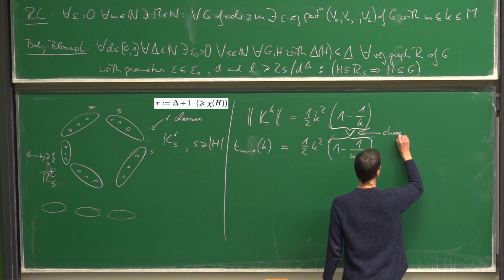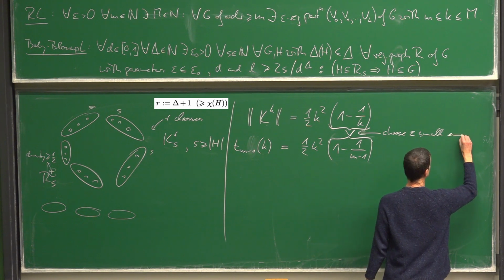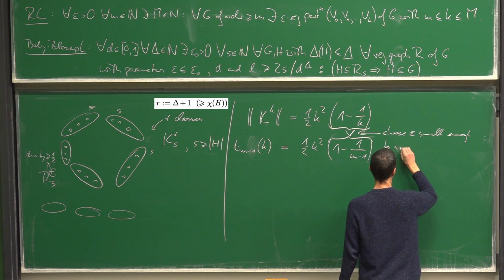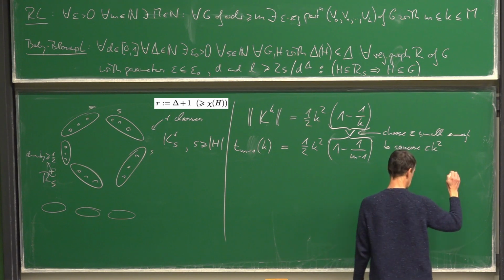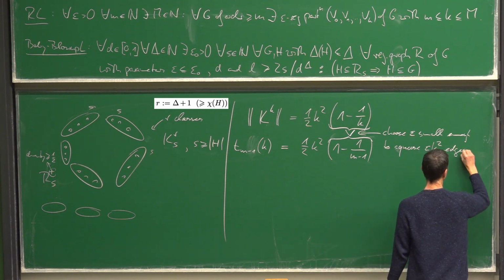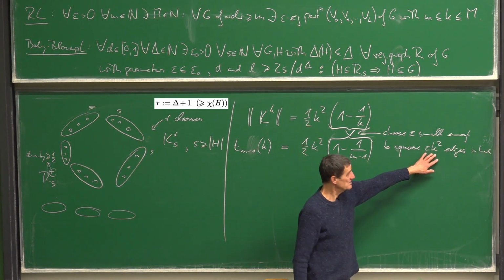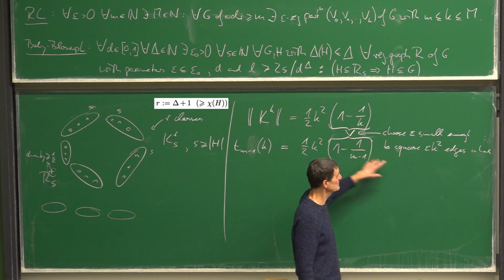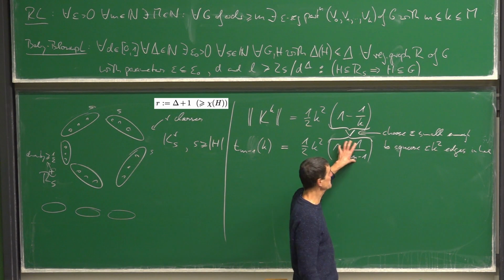Choose epsilon small enough to squeeze epsilon squared, k squared edges in here. Right? Epsilon k squared edges are the missing edges, the irregular pair edges. Well, we have more edges than we need, so choose epsilon so small that if we deduct those useless ones, we're still bigger than that.